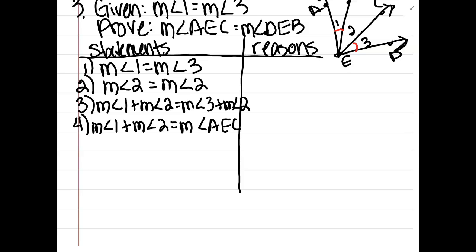And then the second statement in step 4 is going to say the measure of angle 3 plus the measure of angle 2 equals the measure of angle DEB.